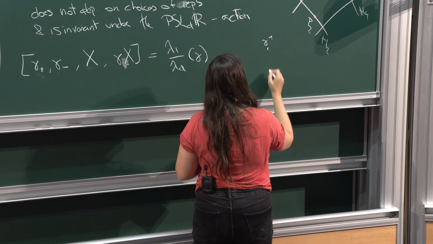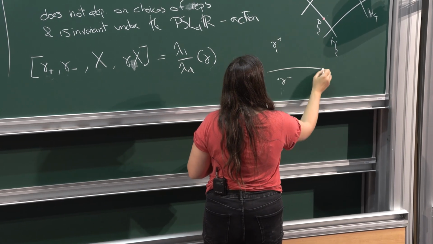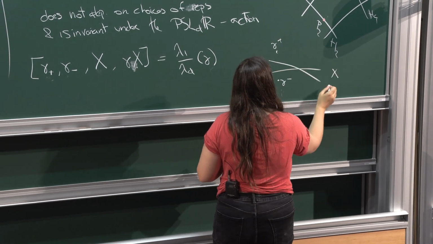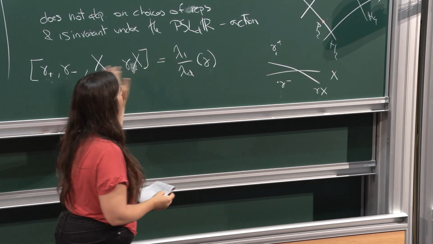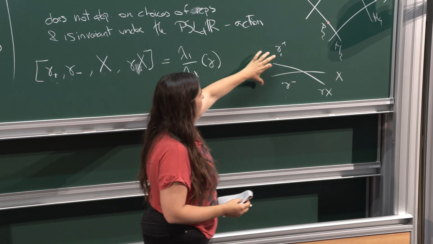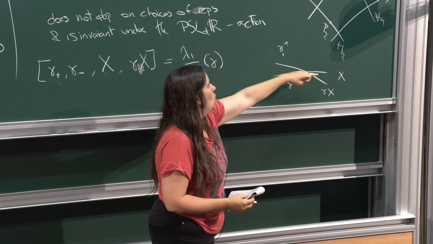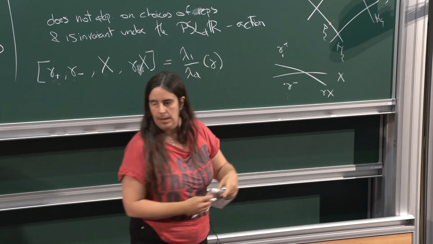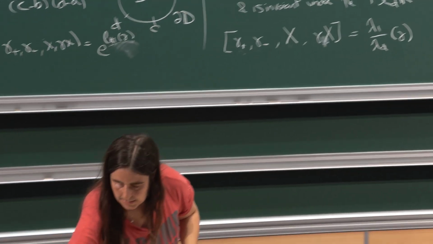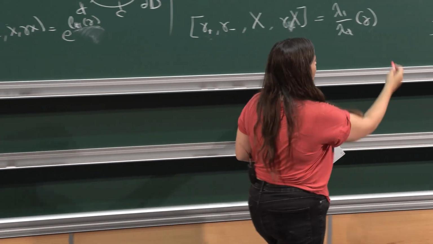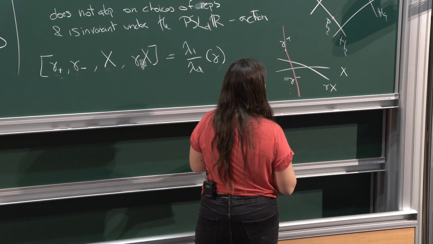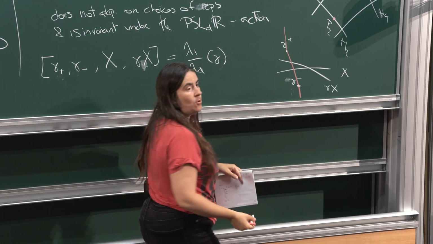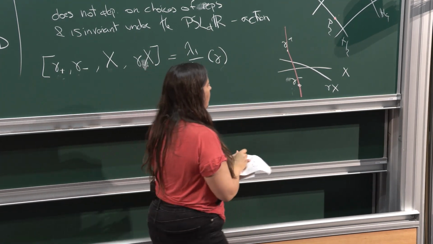So the idea is that here is gamma plus, here is gamma minus, here is x, and here is gamma of x. And for the way these things are set up, the cross ratio between these two hyperplanes and the 2 points is nothing but: take the projective line through the 2 points, gamma plus and gamma minus. This determines the projective line, and I look at the intersections.